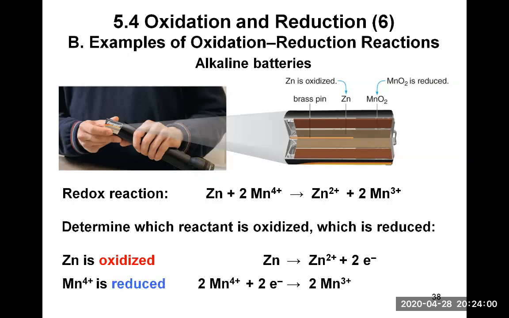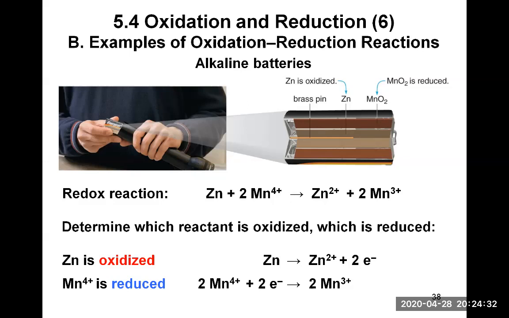Manganese 4+ is reduced by gaining those 2 electrons. So 2 manganese 4+ ions will gain those 2 electrons and become 2 manganese 3+ ions. So manganese 4+ is more oxidized than manganese 3+, right? By gaining an electron, you decrease the positive charge on the ion. And so that's a reduction. There was a gain of electron there.